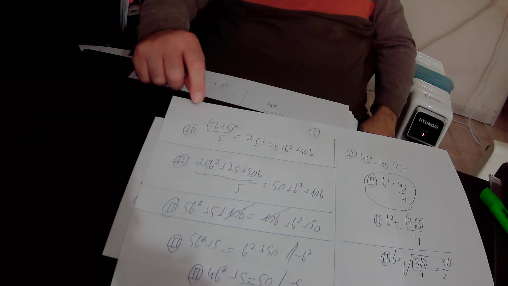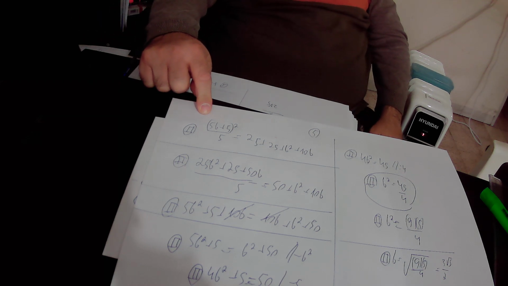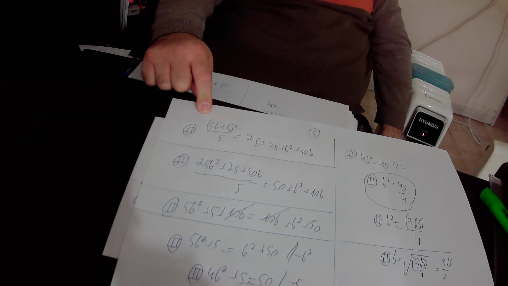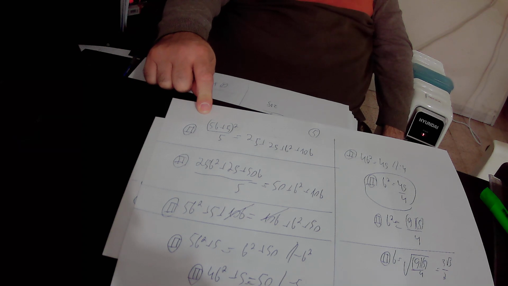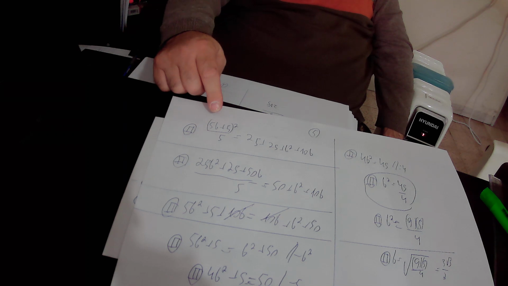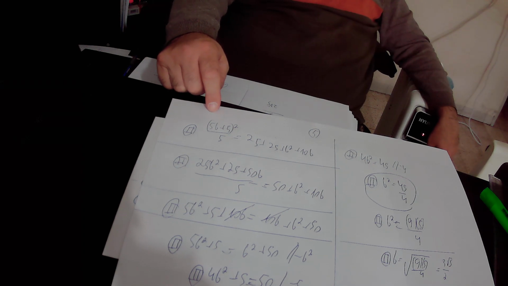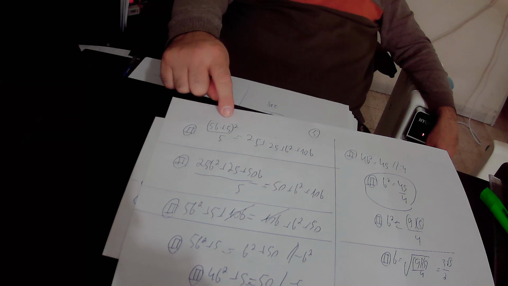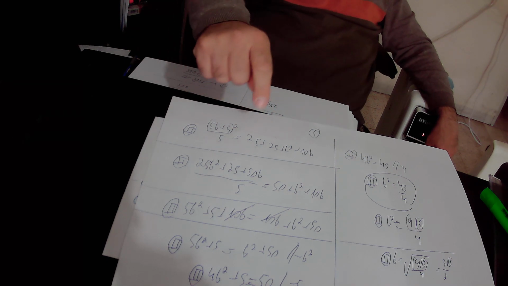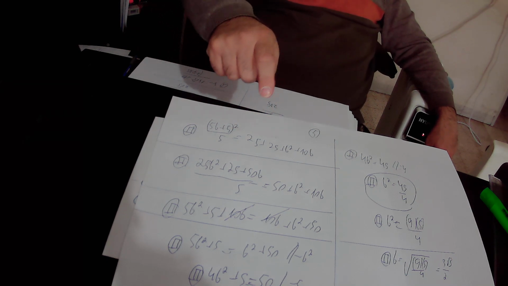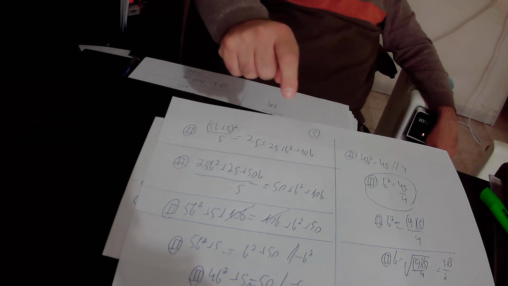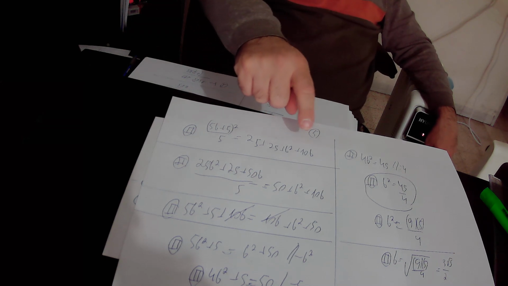Here we open the brackets on this side of equation number 2 and found out that (5b plus 5) squared equals (5b) squared, that is 25b squared, plus 5 squared, that is 25, plus 2 times 5b is 10b, 10b times 5 is 50b, all divided by 5, and it equals 25 plus 25 is 50, plus b squared plus 10b.